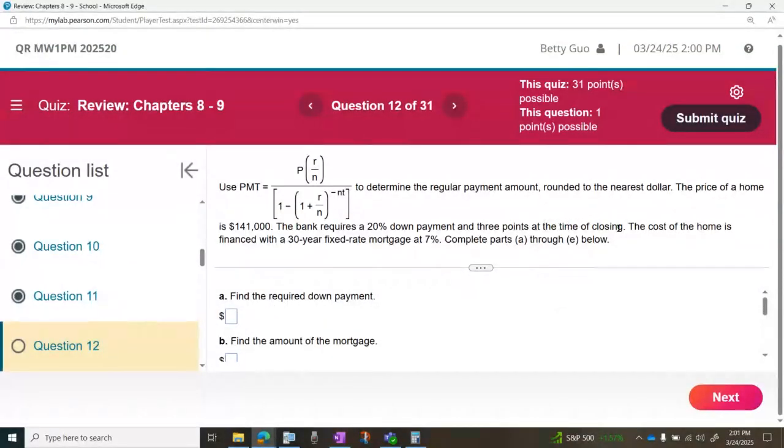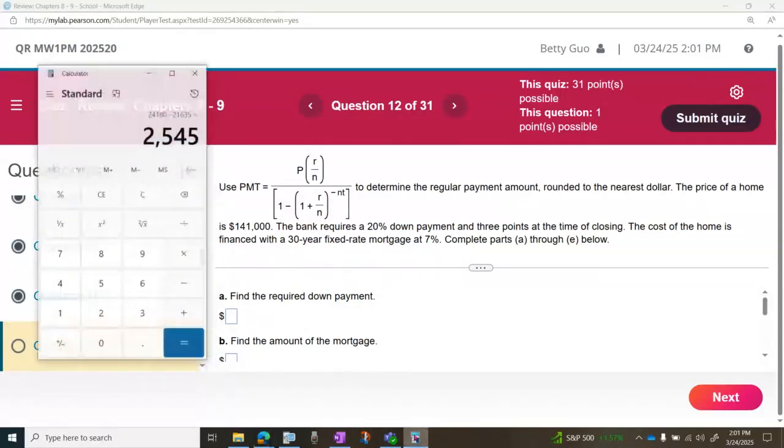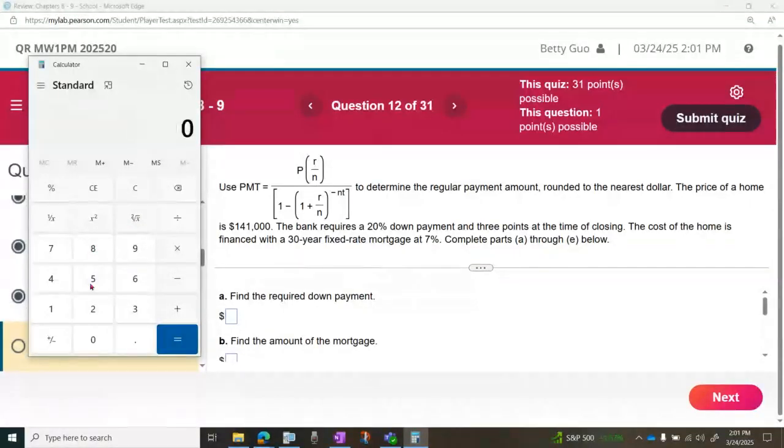This one is to buy a house. We're going to do it by parts. Find the required down payment. 20% down payment, 20% of the price of the house. The price of the house is 141 grand. Let's see how much is 20% of that. 141,000 times 20%, times 0.2.